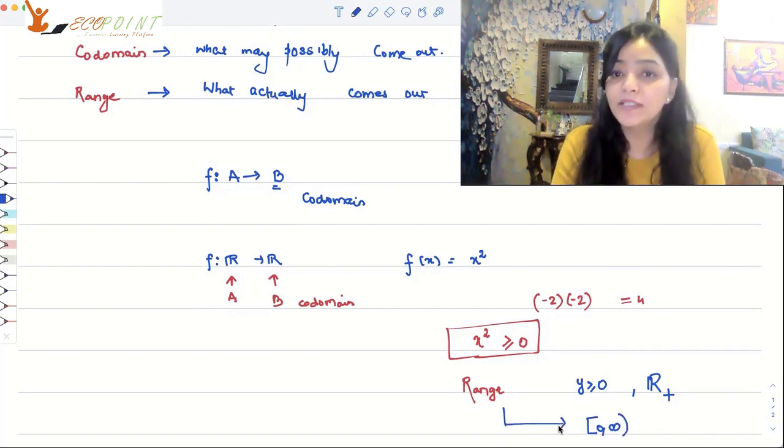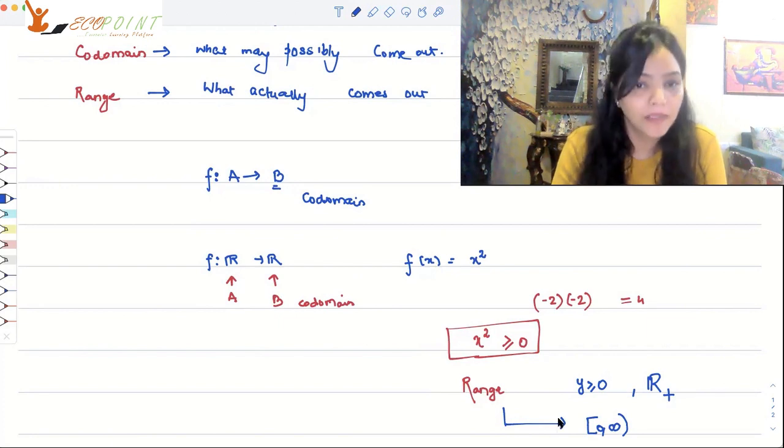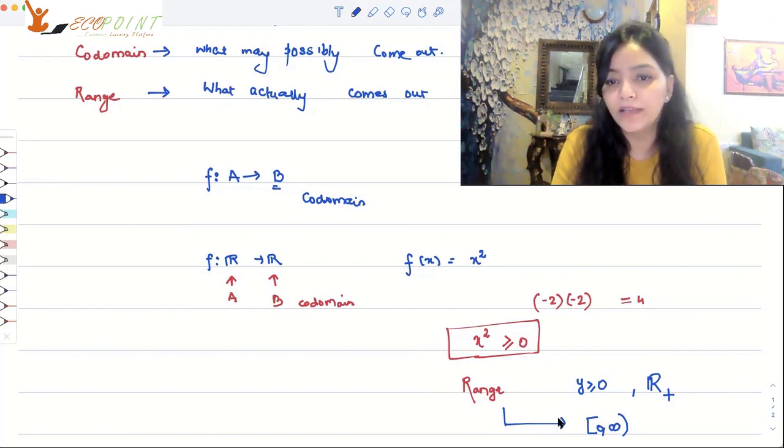Simple. So what's the difference between codomain and range here? Range is the actual outcome and codomain is just the possible outcome. So my input is all real numbers. I would say, okay, real numbers should come out, right? But I can then find out exactly what numbers are actually coming out. That's the difference between codomain and range.